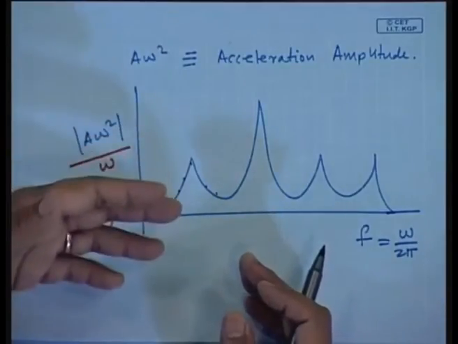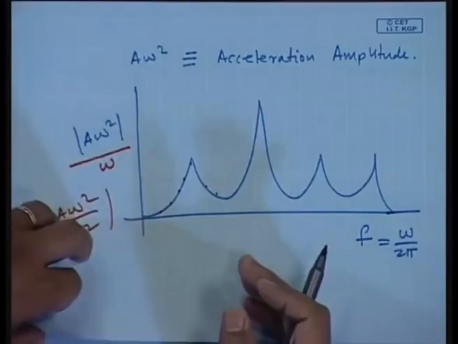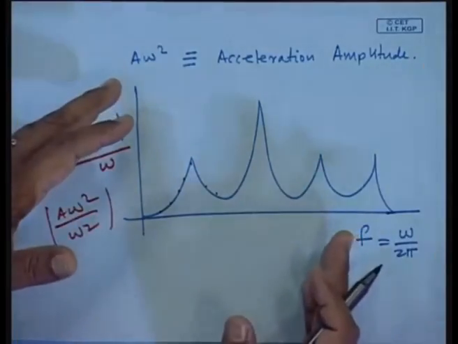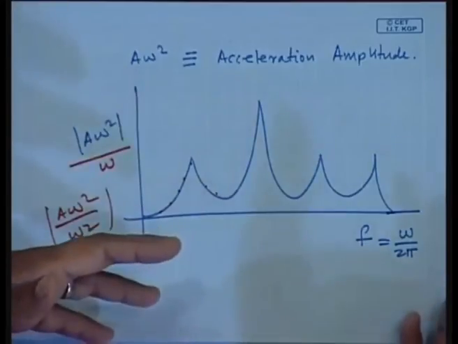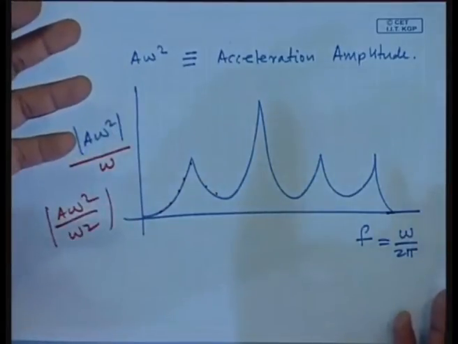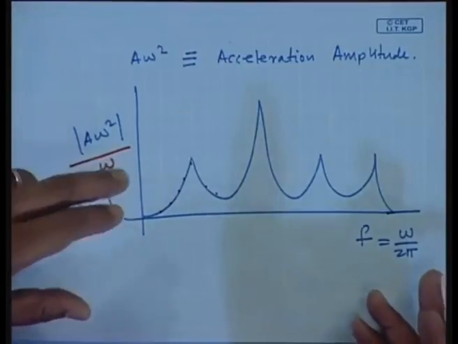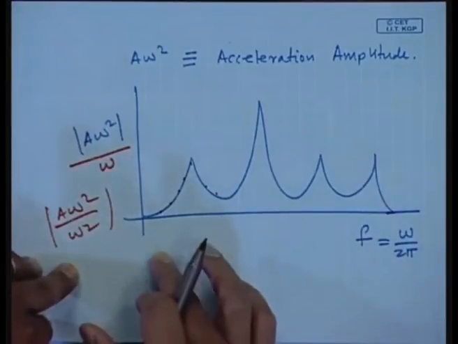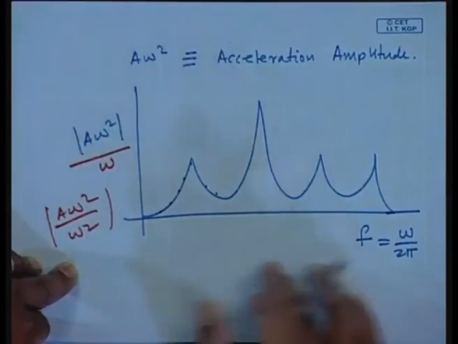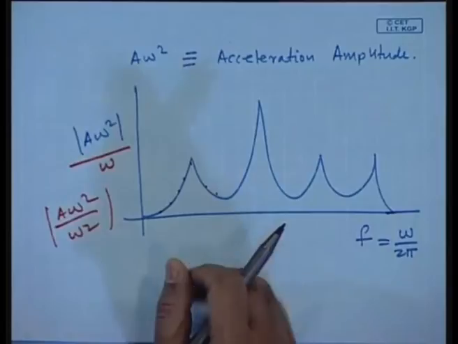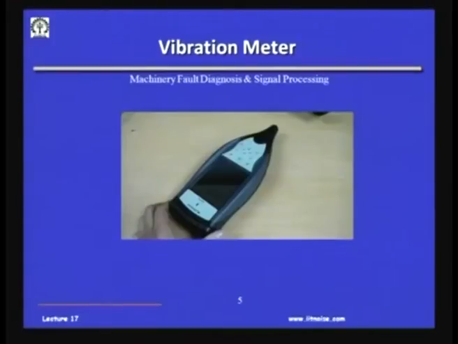Essentially a vibration meter is nothing but an accelerometer with its signal conditioning amplifier and a readout. In the vibration meter, you will have an option either to see the velocity spectrum, displacement spectrum or acceleration spectrum. I will show you a typical vibration meter which is available nowadays.